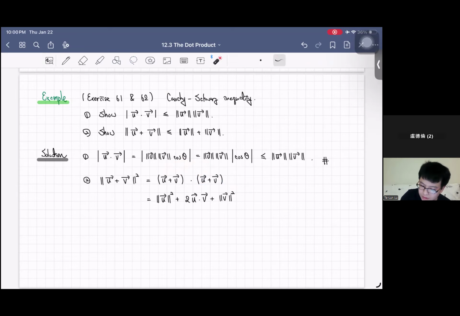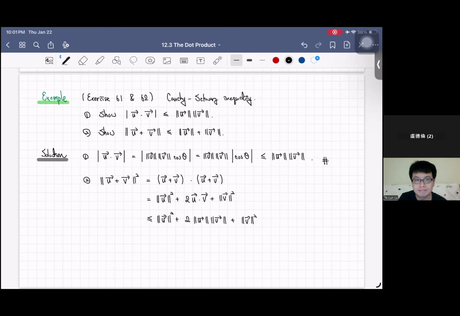Now, this guy, whenever it is positive, negative, no matter what, the absolute value of this guy is always less than this guy, right? So that means that we always have this being less than u squared plus 2 times the magnitudes, let me just copy this here, plus v squared.